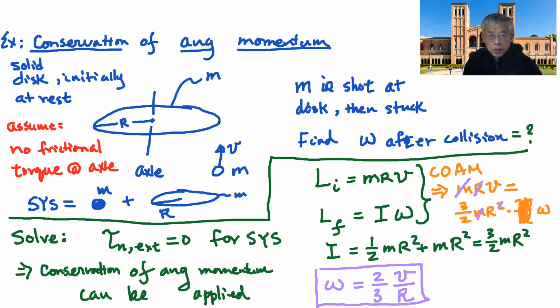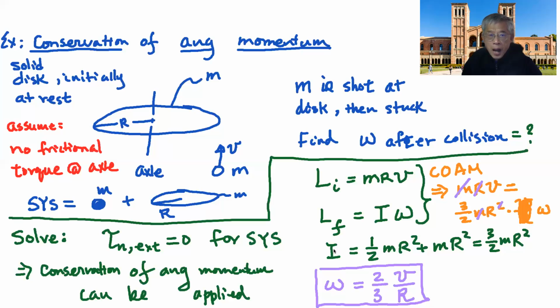So right before the collision, it has mrv, which is the initial angular momentum. Afterwards, when they stay together, it is I times omega, and they rotate together with this omega, the point mass and the disk.